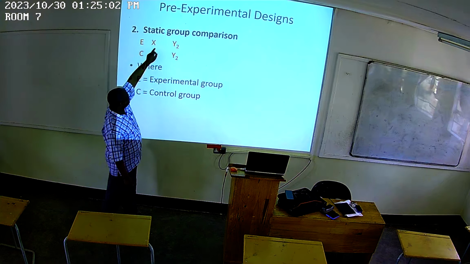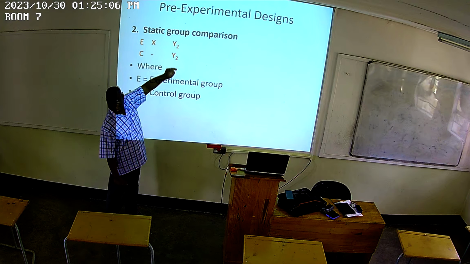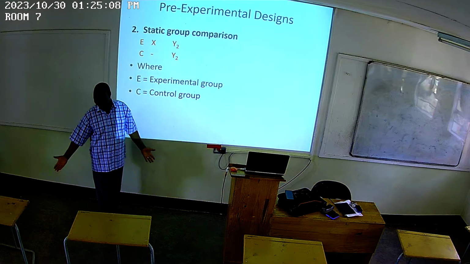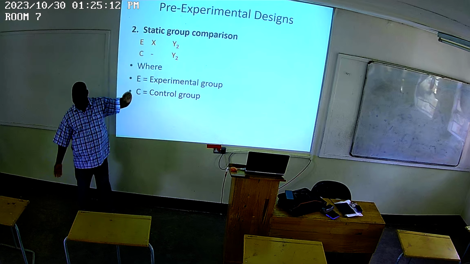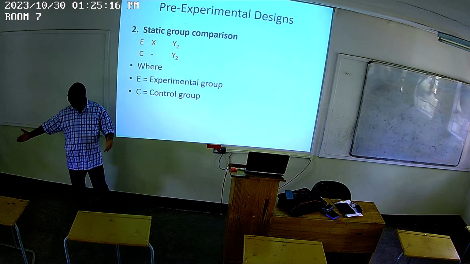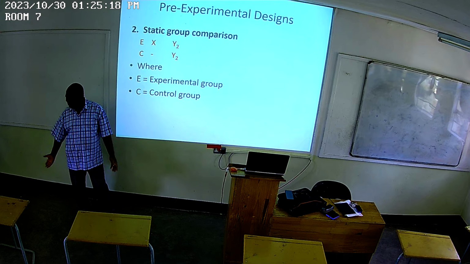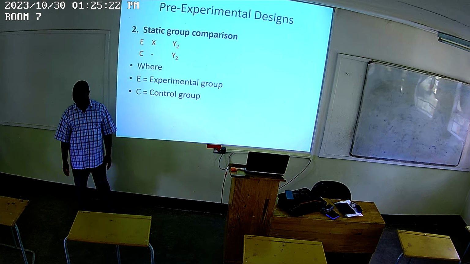In this experimental group, there is a treatment. So you expect the group which has received the treatment to perform differently from the group which has not received the treatment.